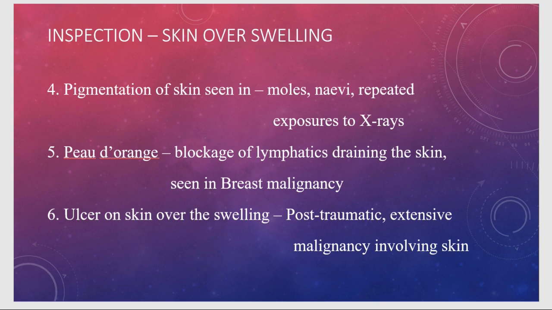Pyoderange, this is an appearance especially in case of breast malignancy, where there is blockage of lymphatics draining the skin. And if there is any ulcer over the skin, over the swelling, it could be post-traumatic. These ulcers can also be seen in cases of extensive malignancy involving the skin, right?